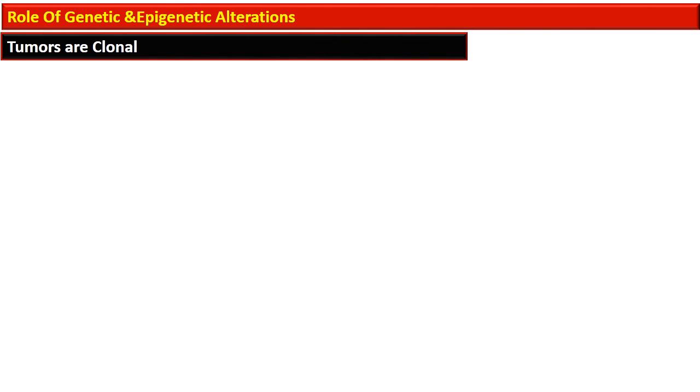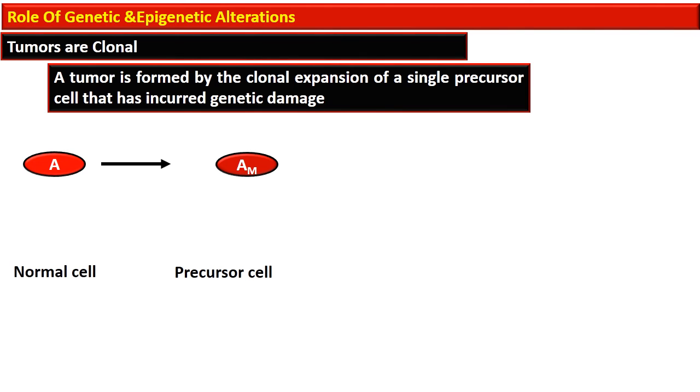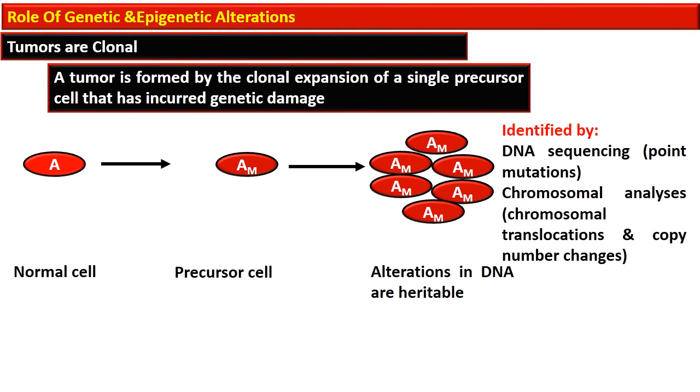Another genetic theme is that tumors are clonal. A tumor is formed by the clonal expansion of a single precursor cell that has incurred the genetic damage. A normal cell, if it has a mutation, is transformed into a precursor cell, and then there is proliferation of this precursor cell, and all of these daughter cells contain the initially acquired mutation.